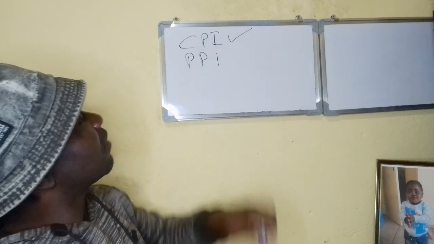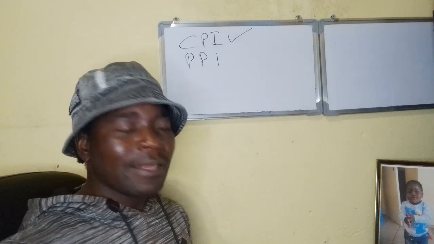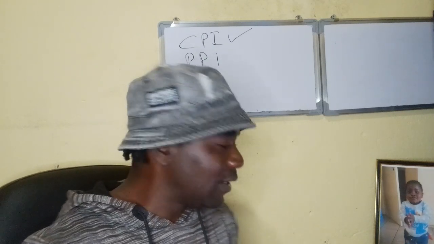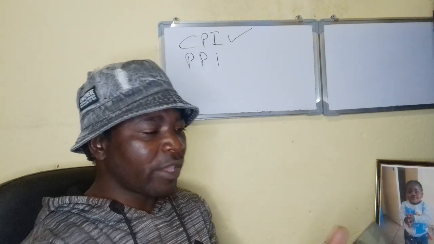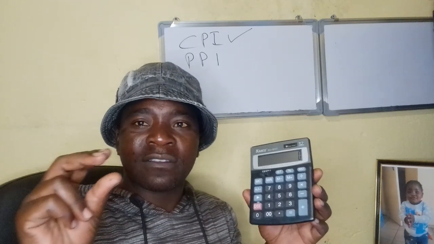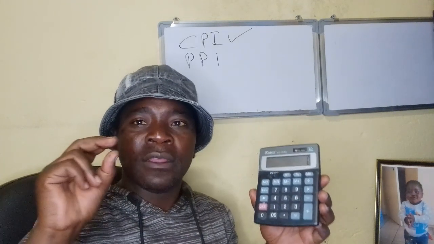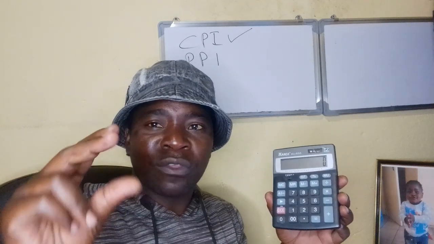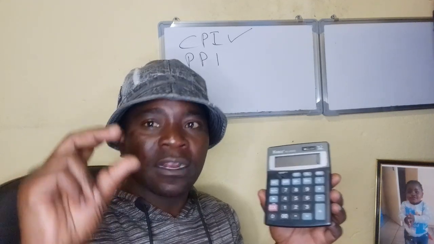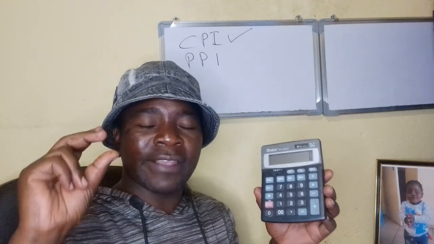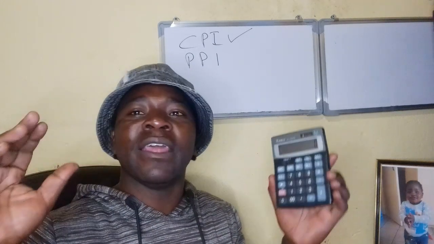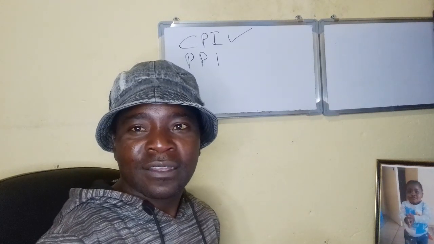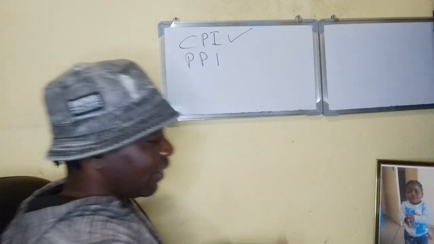In other words, this basket, they say, okay, an average South African needs 2 loaves of bread, needs 1 kg of sugar, needs 10 rand worth of electricity, needs health services worth 10 rand, needs education services worth 10 rand, and then they put all those things together, they put their prices, they add. So that's a basket.